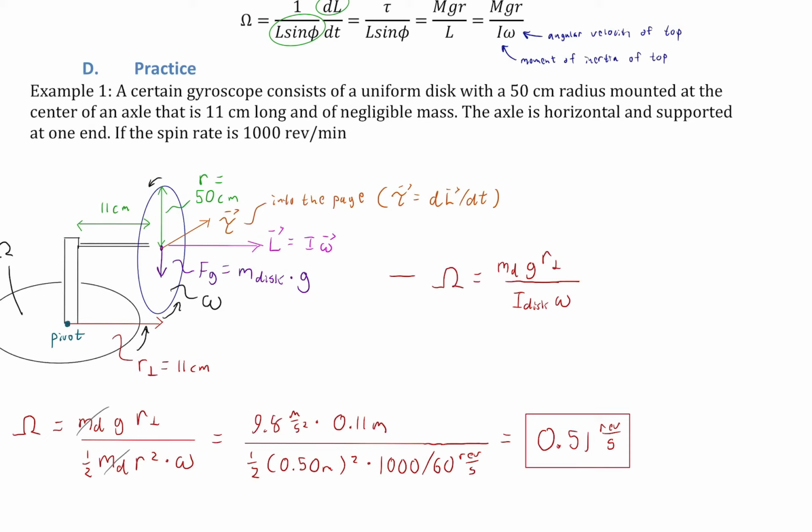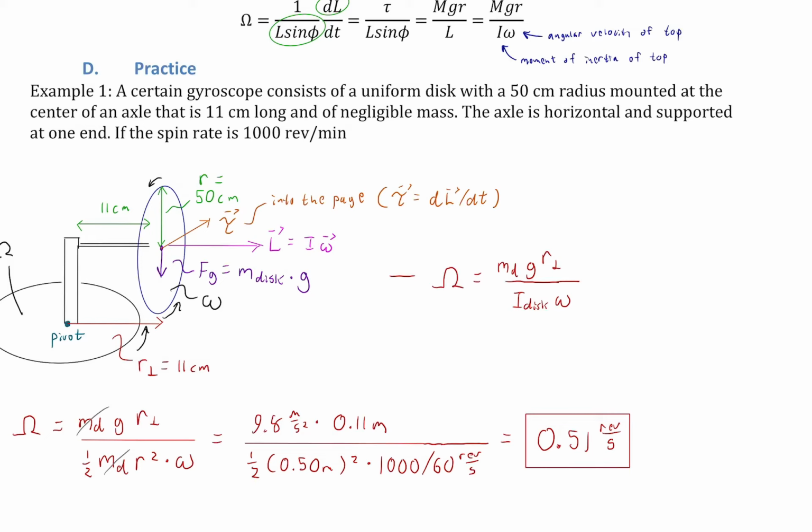And I could then further convert this into radians per second. I'll just go ahead and leave it in revolutions per second because it gets the point across that it's much slower. Look at it, right? Even when we find out how many 1,000 revolutions per minute is per second, dividing 1,000 by 60 is still going to be a fairly large number compared to 0.5.